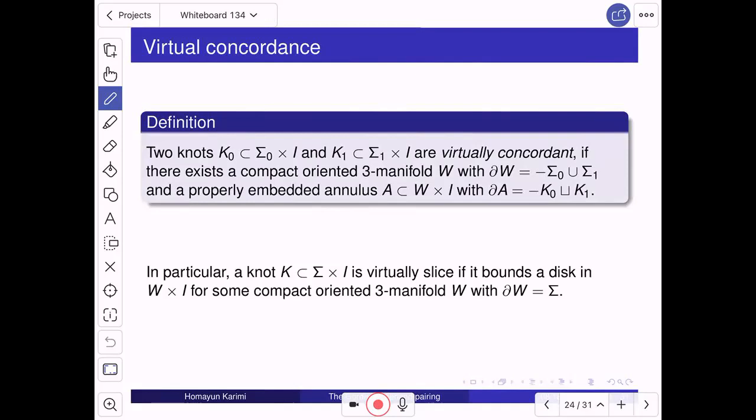You have a knot K0 inside sigma 0 cross I, and another knot inside sigma 1 cross I. So here is a picture. I guess it's difficult to have a picture. Here is sigma 0. So my knot K0 lives here.